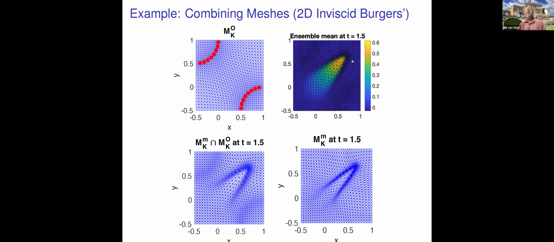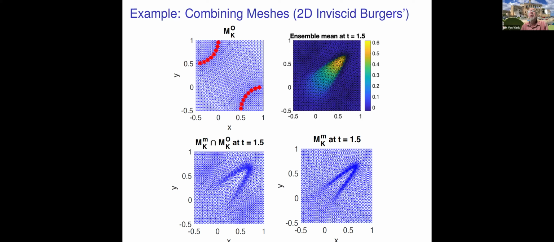Then if we go down to the lower right, we see the kind of mesh that supports those ensemble members. If we combine those using the metric tensor intersection, we get something that still has fine mesh near where there's rapid change in the solution of the Burgers equation, but also a much finer mesh near the observations.